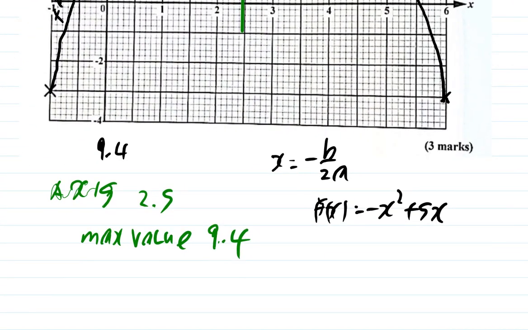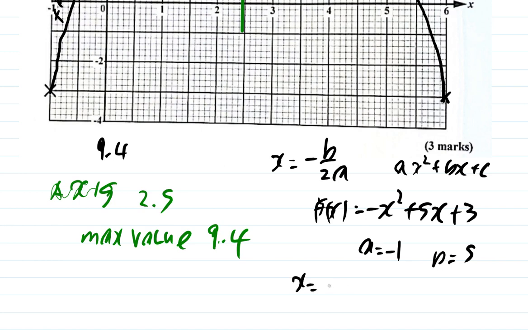So it's plus 3. I'm writing it in the form ax squared plus bx plus c. So a would be negative 1. B would be 5. So x equal negative 1 over 2 times 5. So negative b. Oh, my. B is 5. So I have to redo this again.